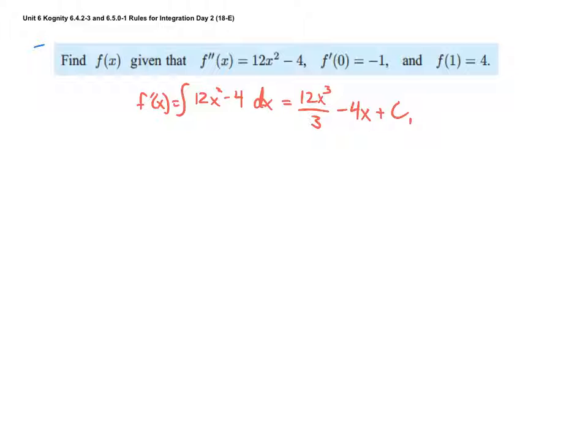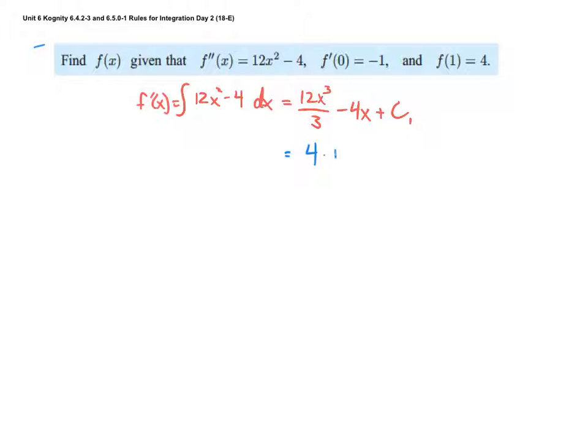So here we have f prime of x. We are told that when you plug in 0 to f prime of x, it's 12 times 0 cubed over 3, which I should have reduced. 12 over 3 is 4.